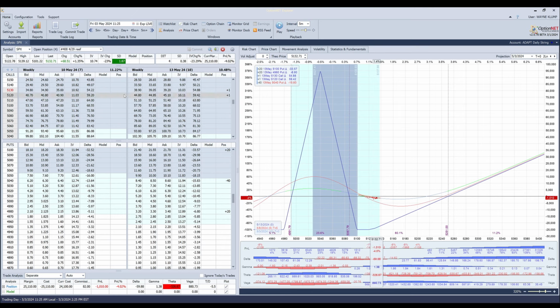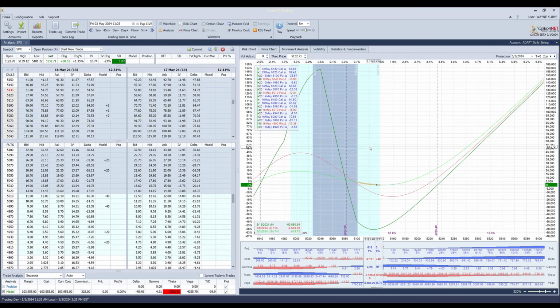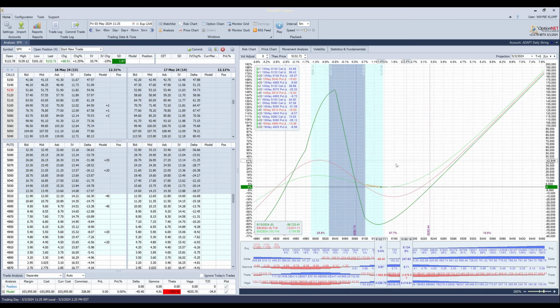Just before I do this though, let me show you what all of these guys look like. Because like I said, we went from this super wicked negative delta position. Now we're in a little bit saggier of a position. And then I'll show you what it looks like when we take those trades off as well. All right, so as you can see what kind of position we're in.